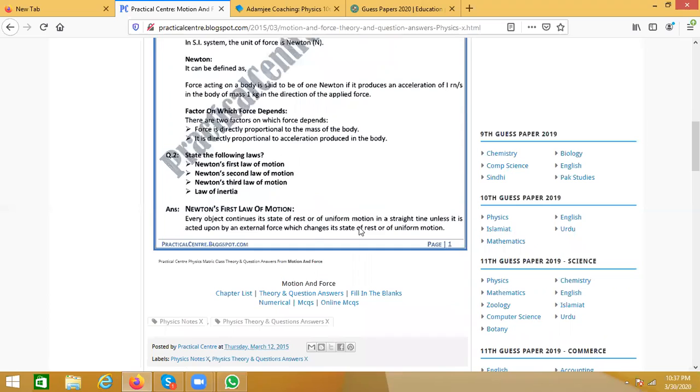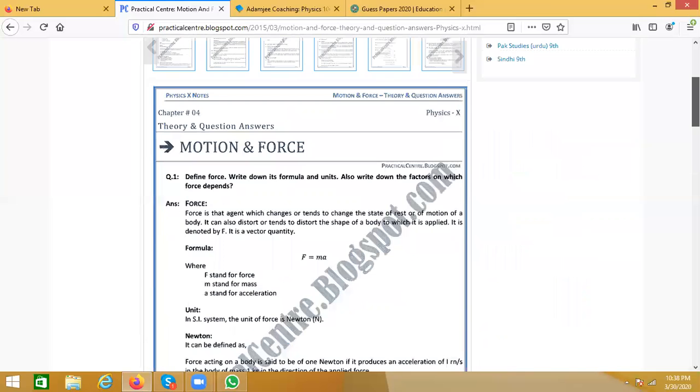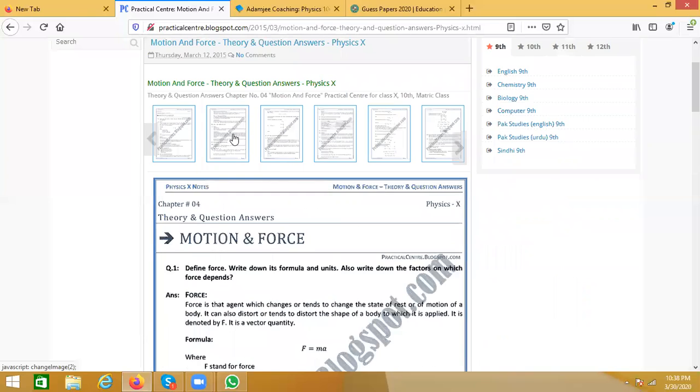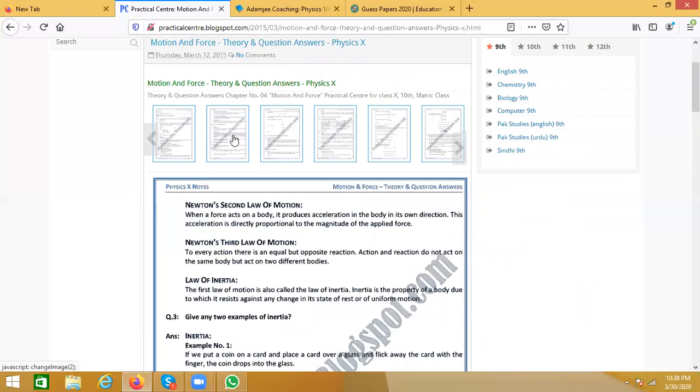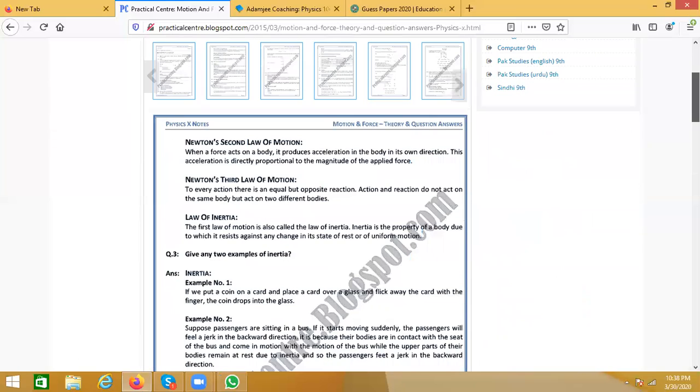Now here, if you can see, we have these laws of motion listed here. If we look at Newton's first law of motion, according to this first law, if the object is in a state of rest, it will stay at rest. If the object is in a state of motion, it will stay in motion unless acted upon by any external force.